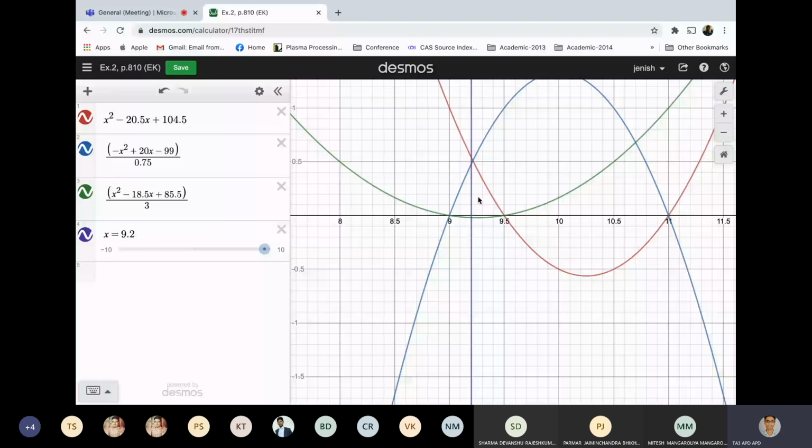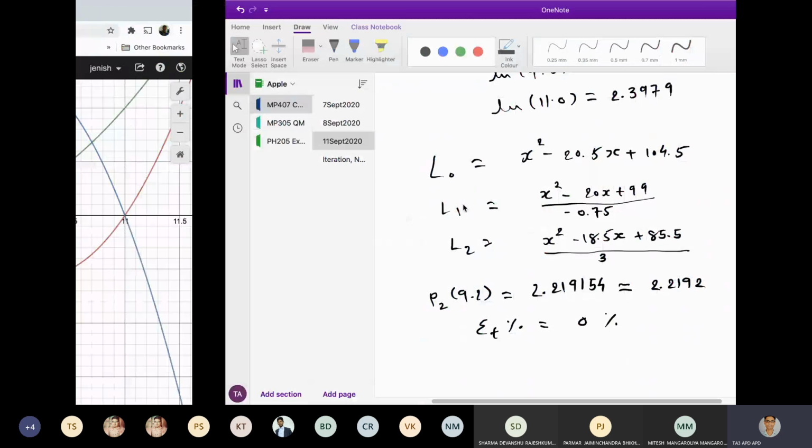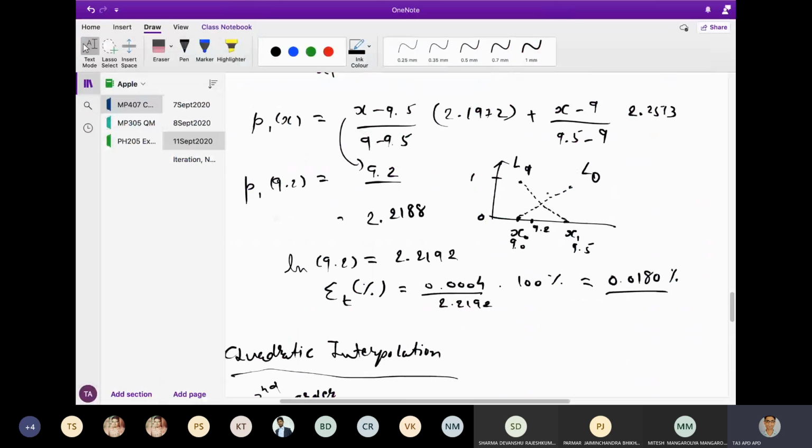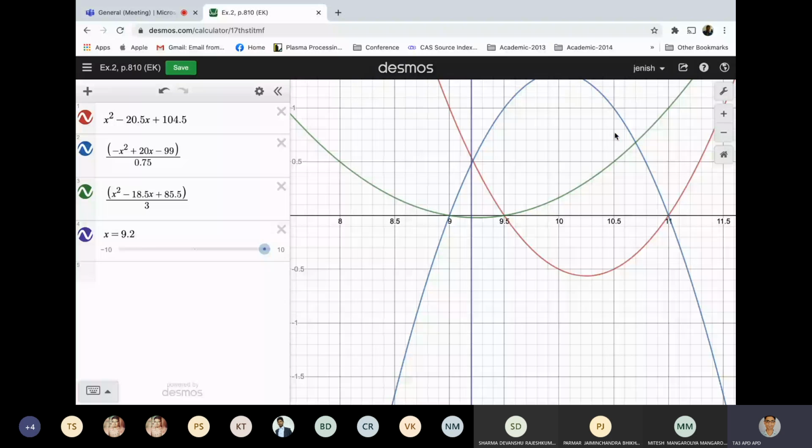The value of 9.2 is to be estimated, and as you keep on increasing the order of the polynomial, you would see that this area gets smaller and smaller, and you should expect a more and more accurate value. Compared to your previous examples where you had only two linear lines, and from that you were interpolating the data, now you have these quadratic curves, and with the help of these three curves you're estimating the value of ln of 9.2.